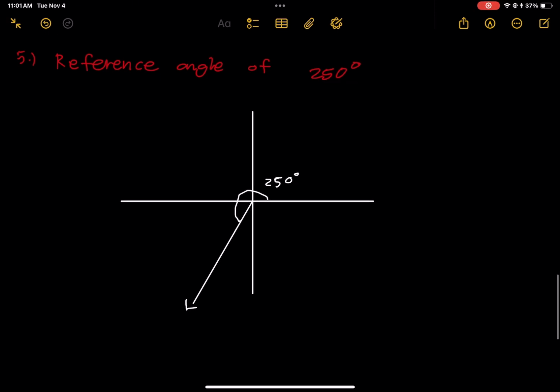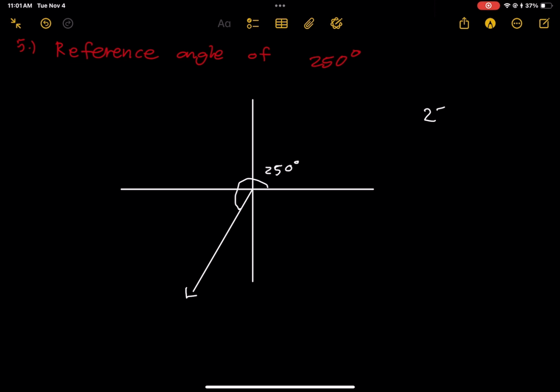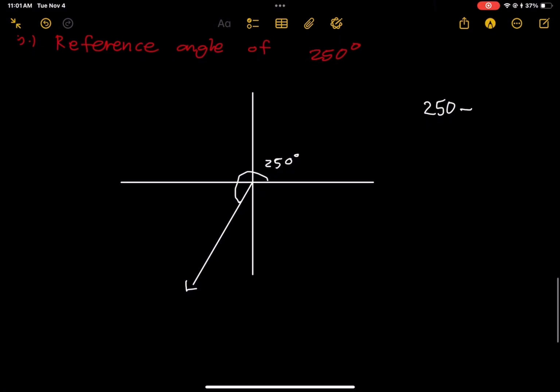Up next, finding its reference angle, we just have to subtract 180 degrees because it's in quadrant 3.